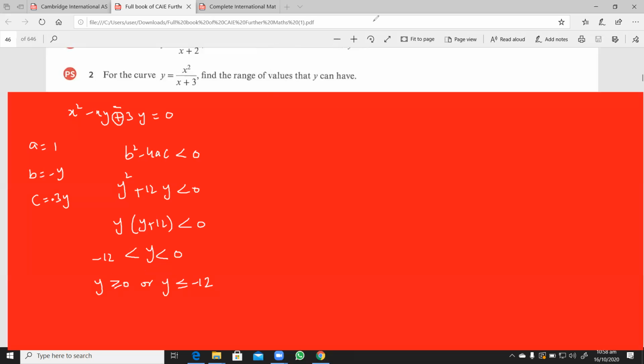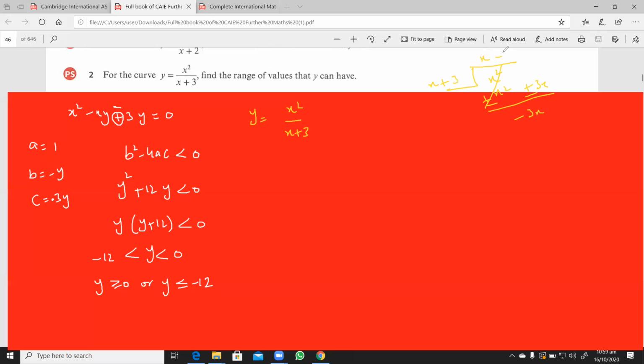Now let's see if we can find the same values through its sketch. So this is y equal to x squared over x plus 3. This is an improper fraction, so I will divide this first. x squared divided by x plus 3: x squared plus 3x, this cancels, so minus 3x.